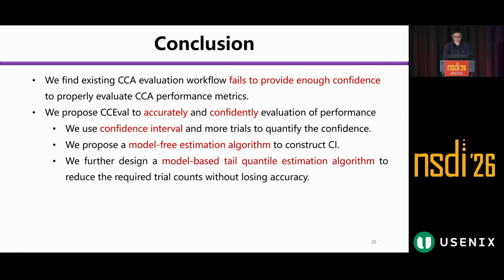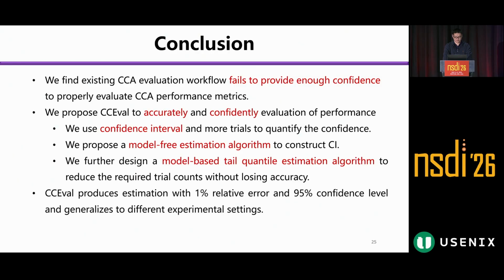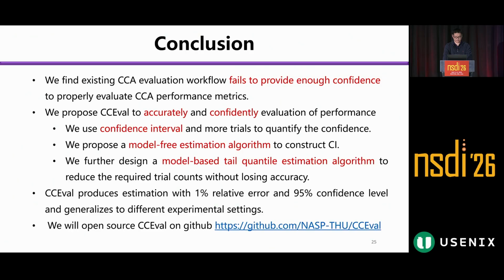It further designs a model-based tail quantile estimation algorithm to reduce the required trials without losing accuracy. Overall, CCEval achieves 1% relative error and 95% confidence, and will be open sourced for the community.